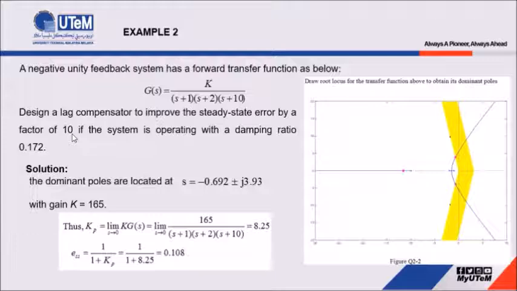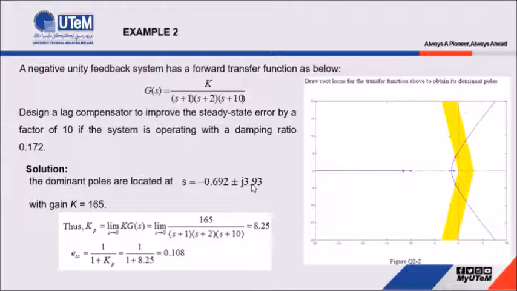And we want to make sure the transient response of the system remains at damping ratio 0.172. In order to solve this problem, first we have to identify the location of the poles when the damping ratio is 0.172. How can we get this location of poles, or dominant poles?